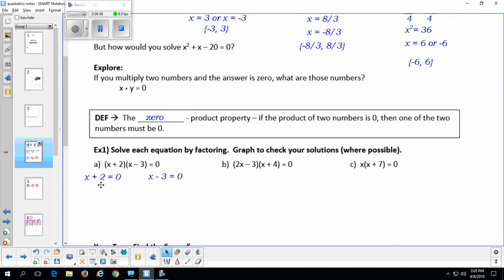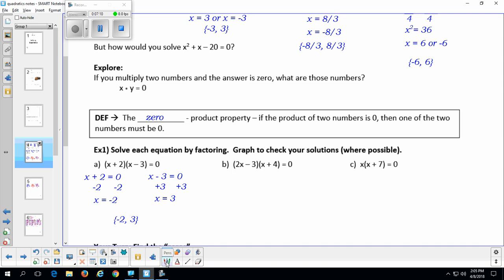To solve this one for x, I would subtract 2 from both sides. x is negative 2. How would I solve this equation over here? I'm going to add 3 to both sides, so x is 3. And those are actually my two solutions, negative 2 and 3.